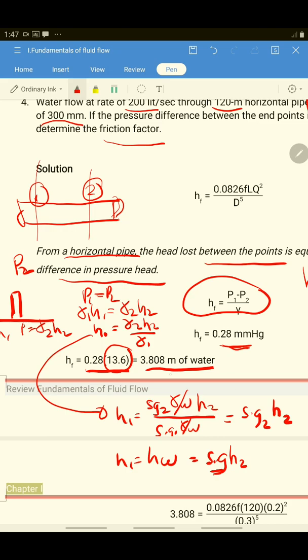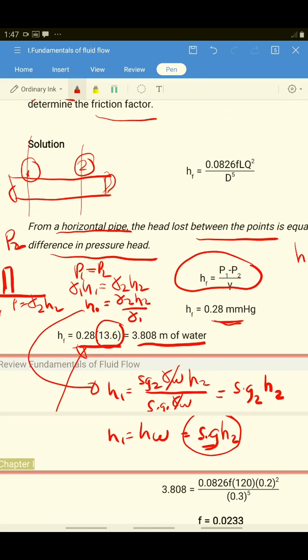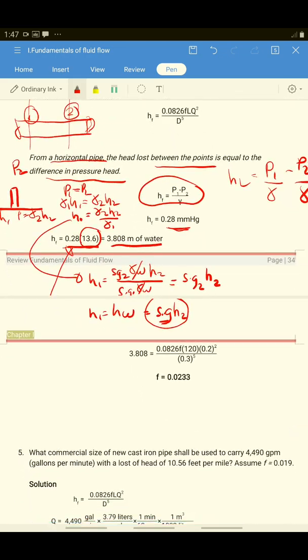So that's why we multiply 0.28 times 13.6 to get the equivalent height of water. So that equivalent height of 0.28 m of mercury is equal to 3.808 meters of water. So that's the derivation of the formula.